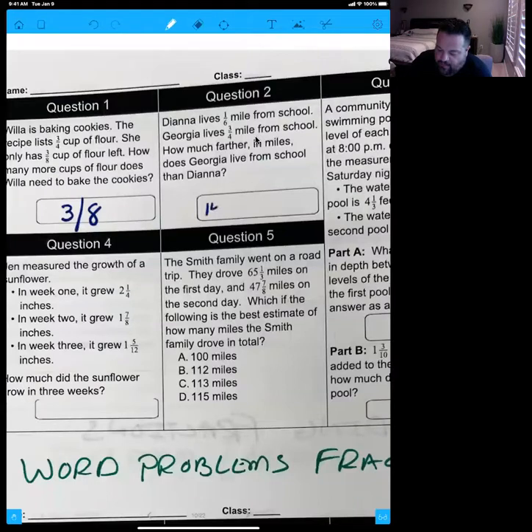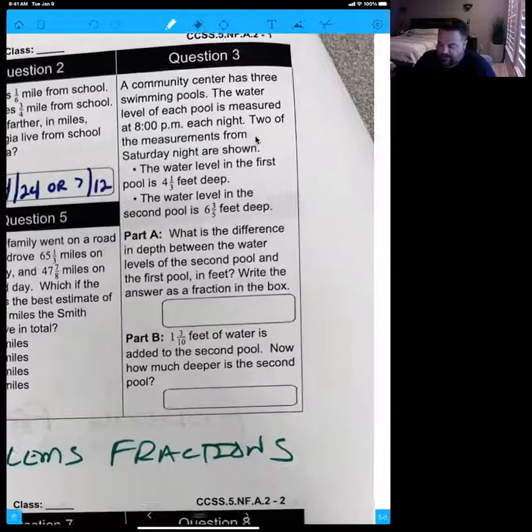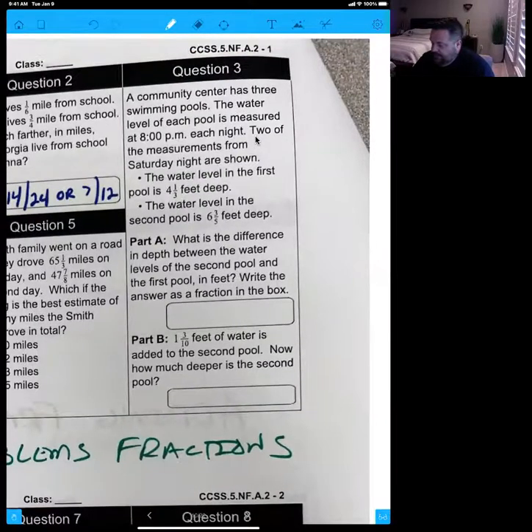You could have gotten 14/24 or 7/12. Those are equivalent to each other, right? Go ahead and do number 3. It literally says difference right here. You should have got 2 and 4/15.